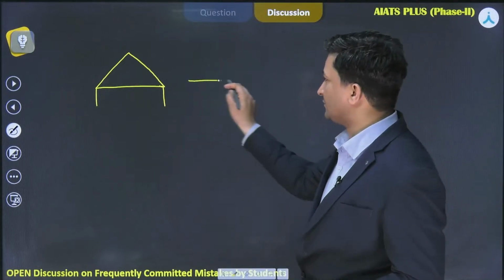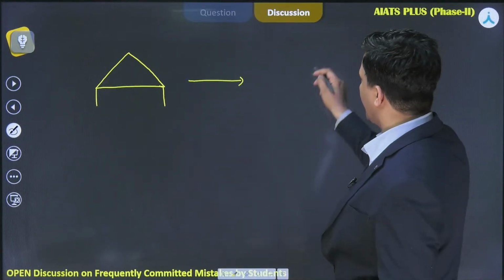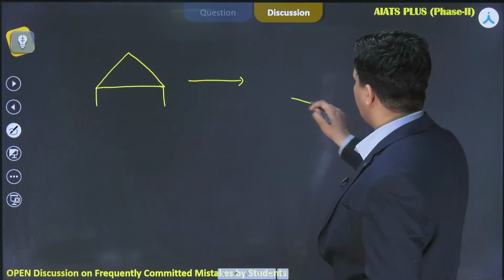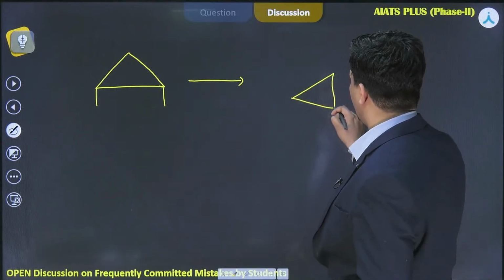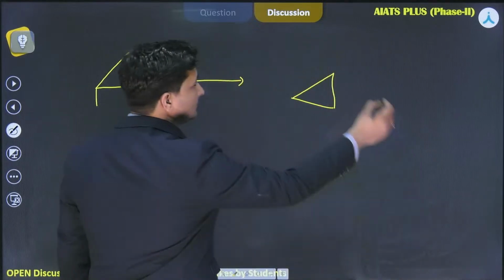Now how do we have to visualize this? That is very important. A cyclic molecule is there. Now, what will happen?